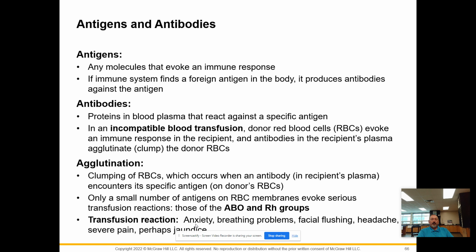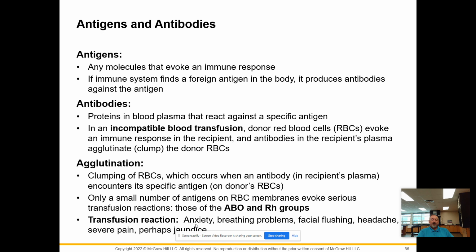With type A, they have an antibody for type B. So if you give type B blood to a type A individual, they're going to have agglutination, and this can be a fatal condition.